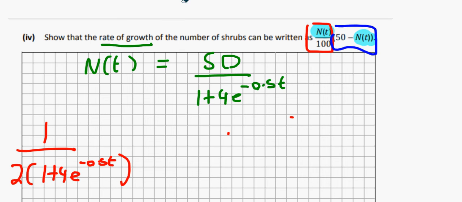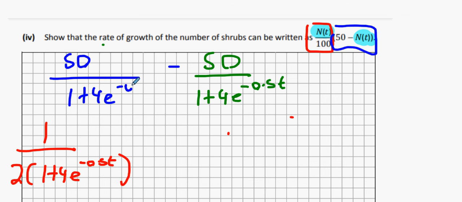Now, the part in the blue box. Everybody ready for the part in the blue box? The part in the blue box is 50 take away this. And 50 take away this is actually, I'm going to give them a common denominator, the common denominator being this guy here. Okay? And from here, you can see that the 50s cancel, can't you?